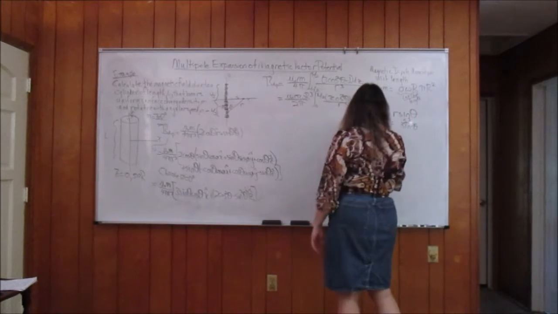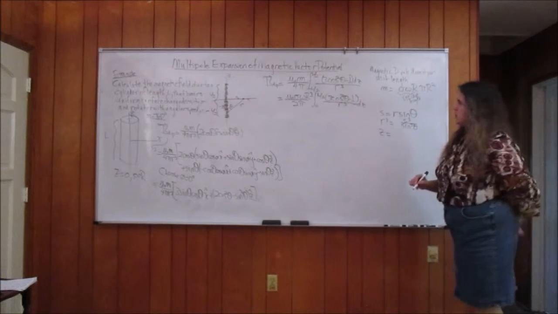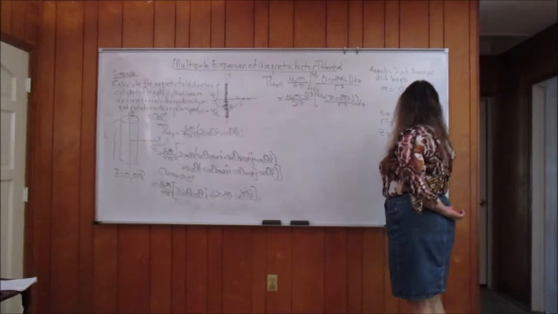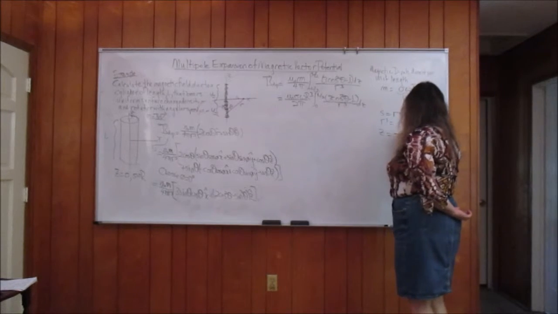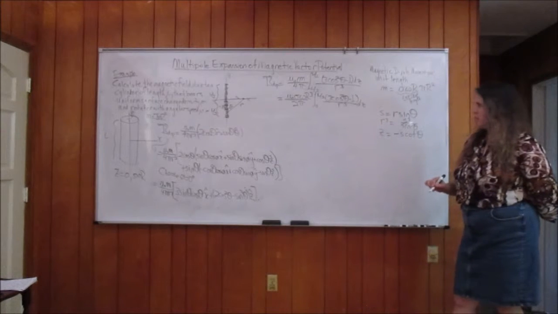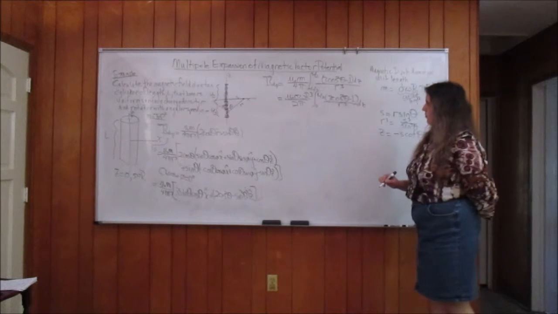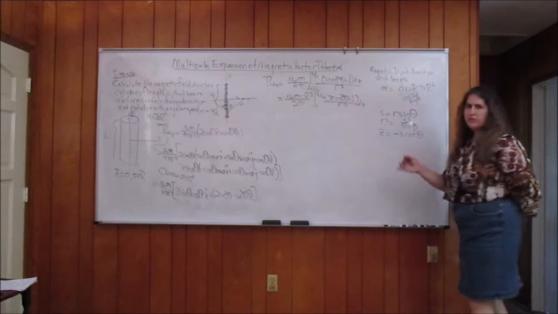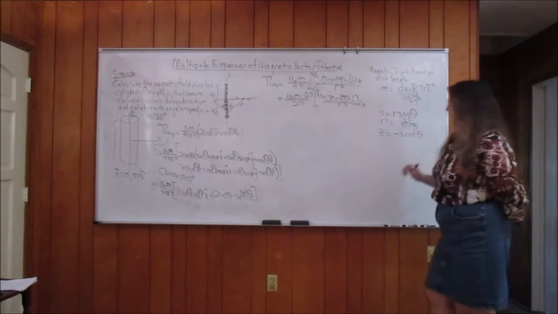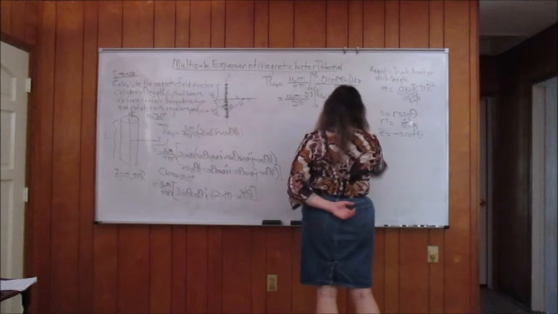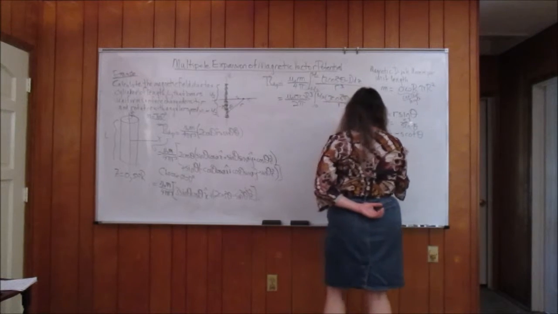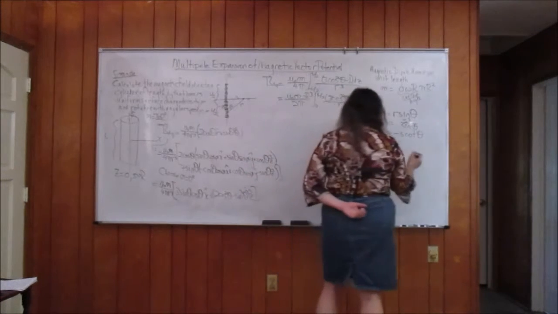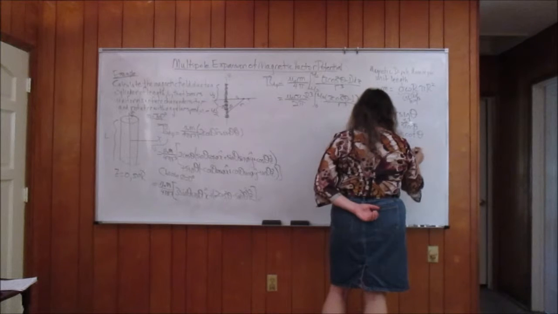How about Z? Z is equal to minus S cotangent of theta. Again, follows just from the geometry of it. I want to know what dz is equal to because that's what's in my integral. S is constant, so we don't differentiate that.